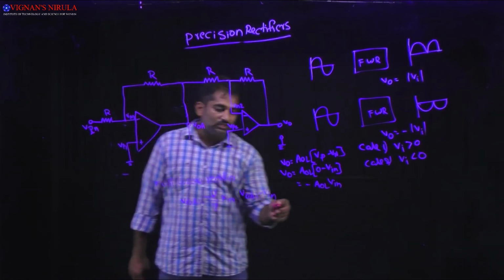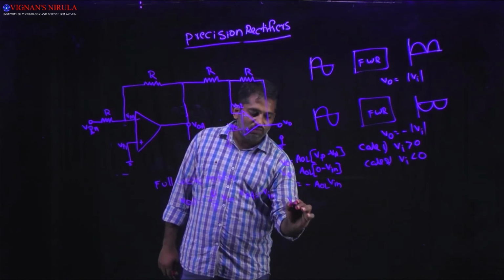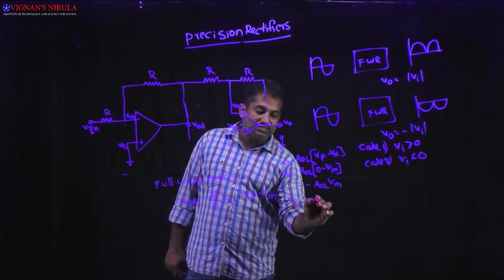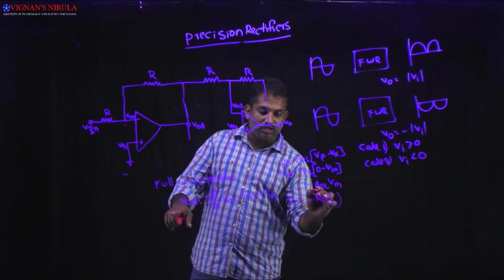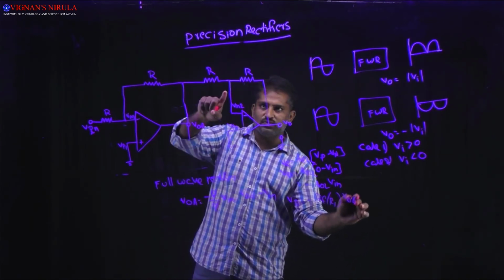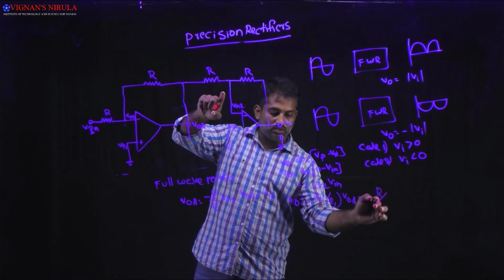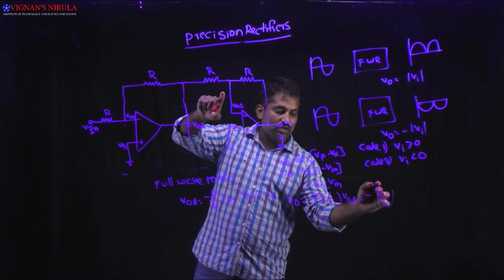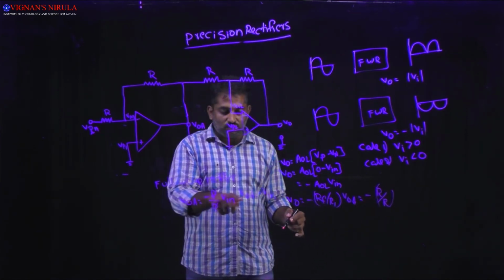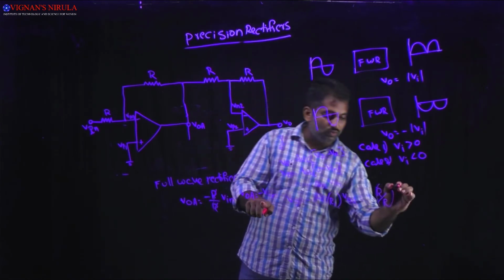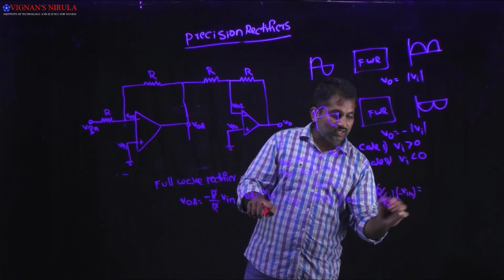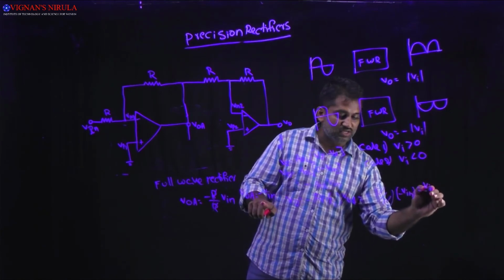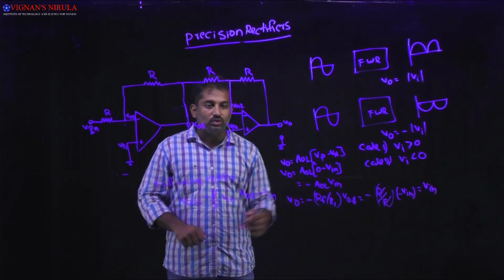Once again the final output voltage V naught is equal to minus Rf divided by R1 into V naught A. Here Rf is equal to R and R1 is equal to R, and V naught A is equal to minus Vin. So R and R cancel, minus of minus is plus, so V naught will be equal to Vin.